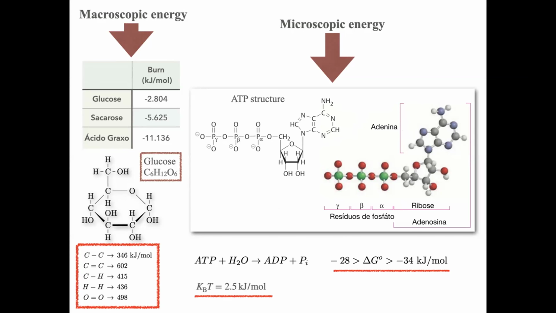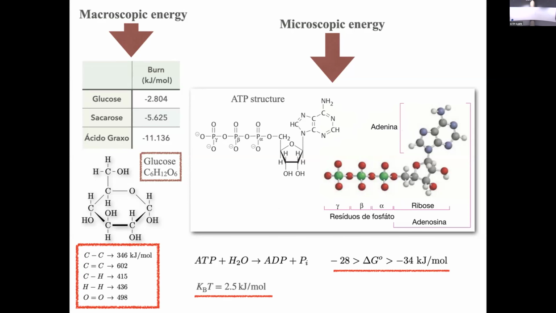If we burn it, it's around 2,800 kilojoules per mole. If we burn it, it means a reaction of the entire molecule with O2, generating water and CO2. Basically, that's the energy we get.